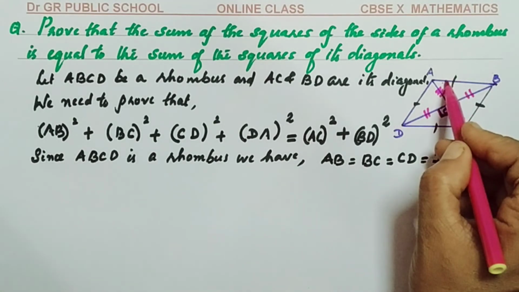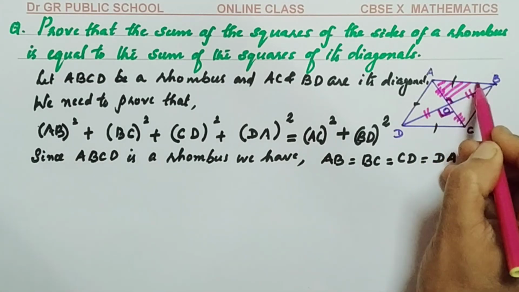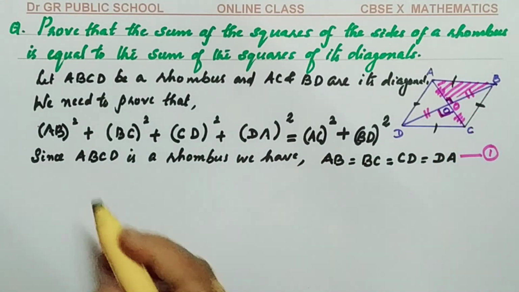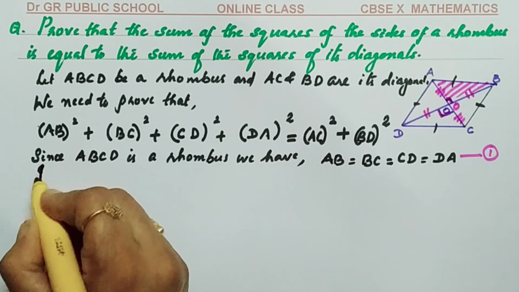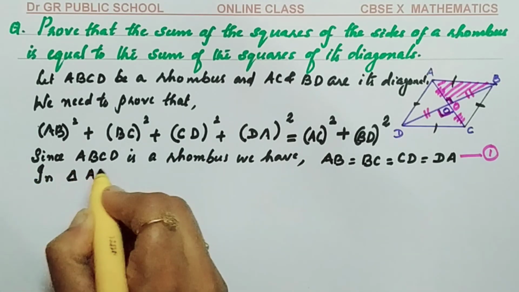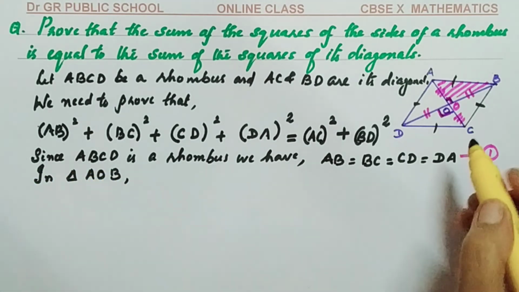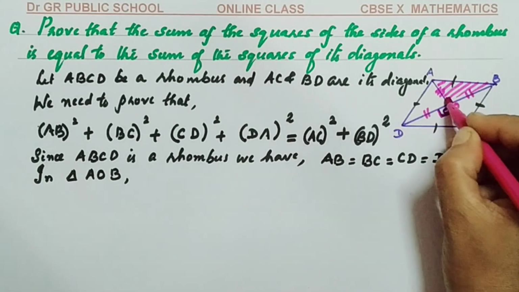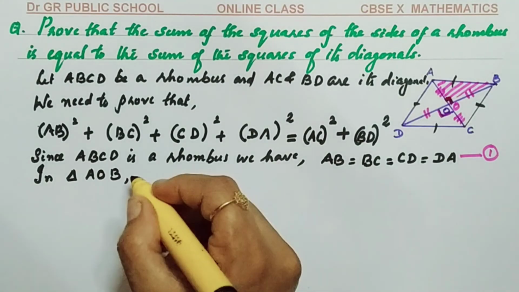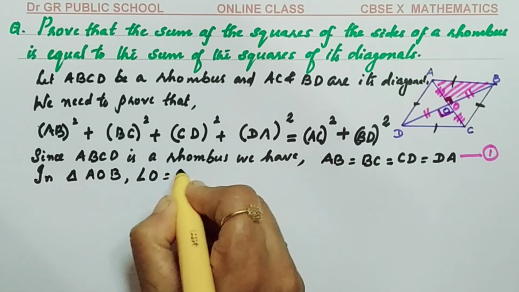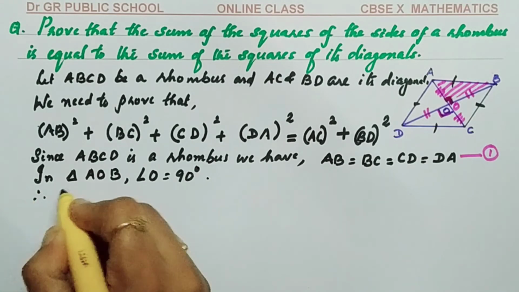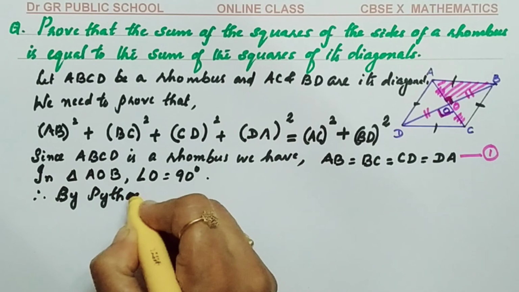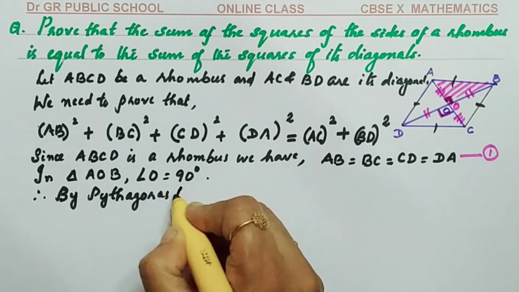So actually, if you consider one triangle here, let us consider triangle AOB alone. In triangle AOB, by the properties of the diagonals of the parallelogram, you can see that angle O equals 90 degree. Therefore, we can apply Pythagoras theorem.